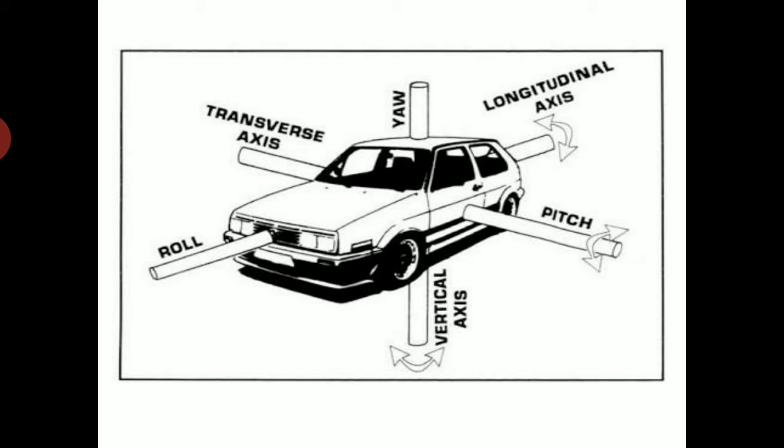The tendency of the front portion, the nose of the vehicle, to dip due to the braking is known as brake dip. Then the bouncing is the motion of the center of gravity in the vertical direction.